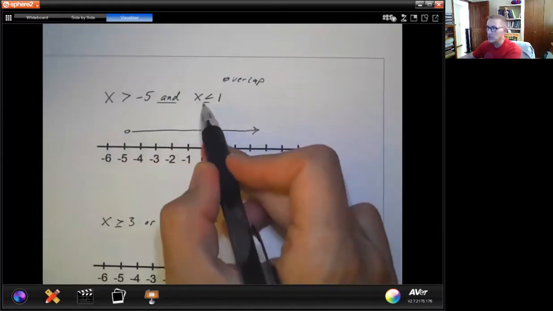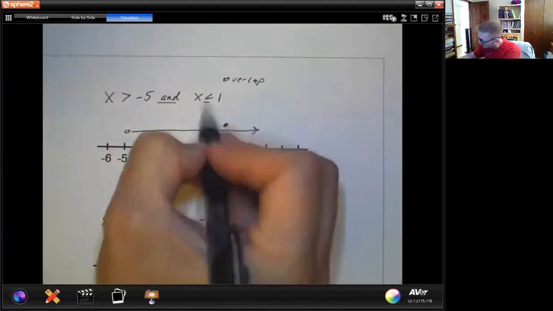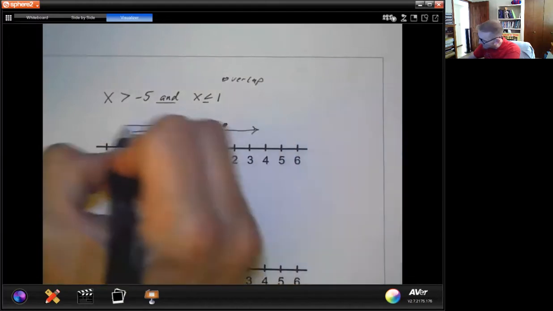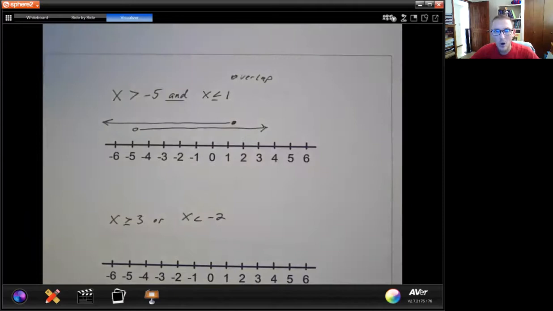And x is less than or equal to 1. So I'm going to put a closed dot at 1 and an arrow to the left. And this is an and, so I need to look for where the two lines overlap because that's where it's true for both of them.